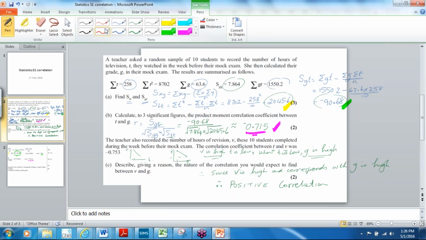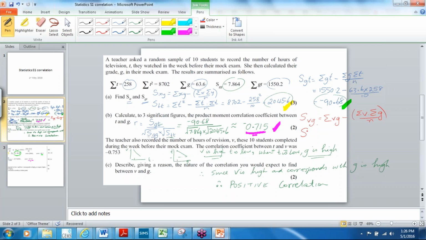Okay, so that's a brief look at a particular type of question, knowing that we mentioned S of GT. If you had to find S of VG, or whatever the variable is, it's the sigma of VG minus the sigma of V times sigma of G over n.